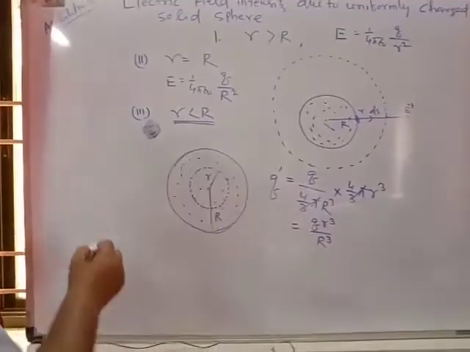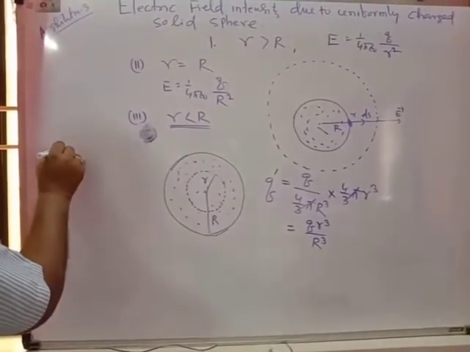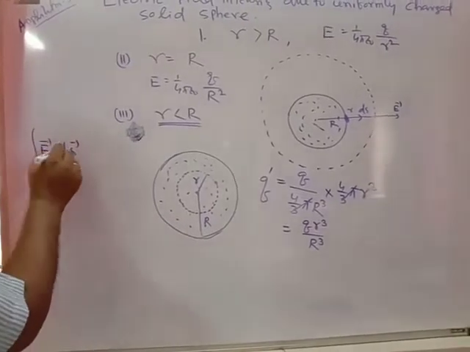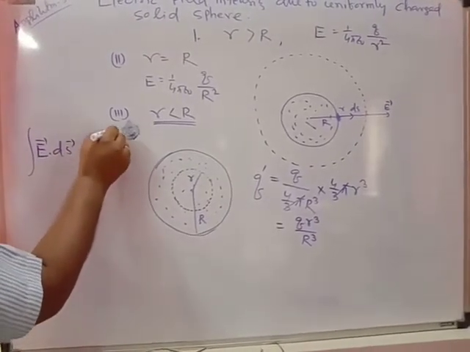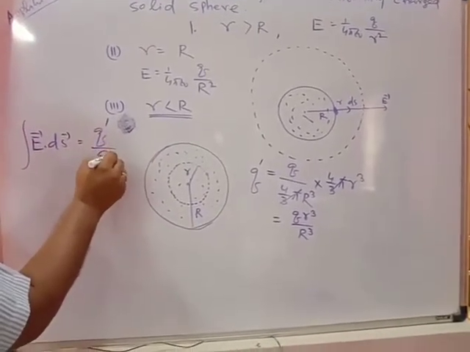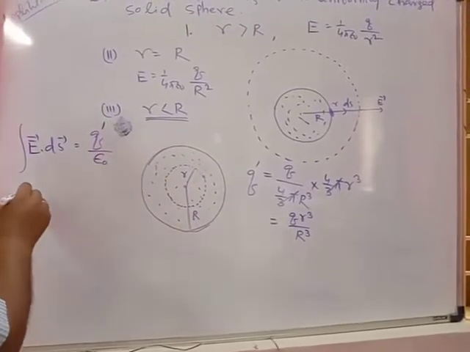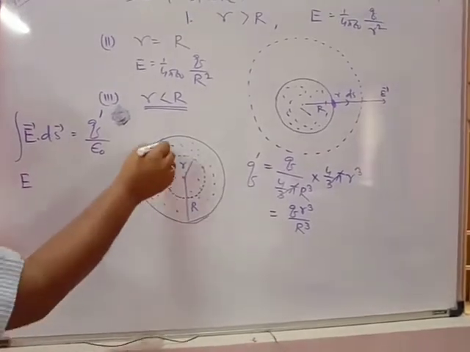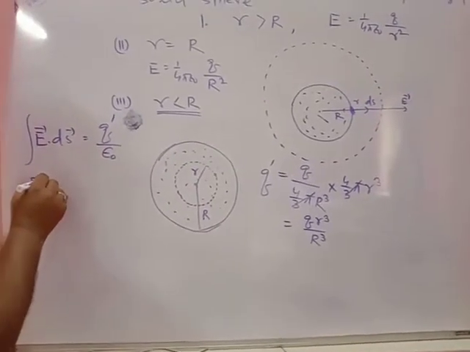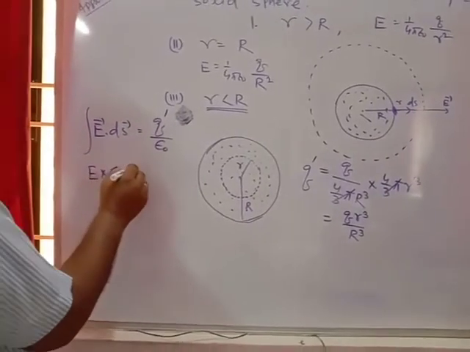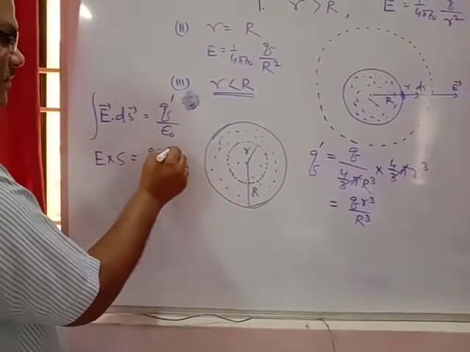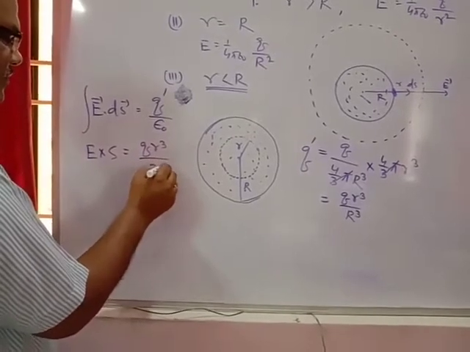Now apply Gauss law: the integration of E vector dot ds equals the total charge enclosed, Q dash, upon epsilon naught. E dot ds equals E into the Gaussian surface S. That is equal to Q dash, and Q dash equals Q r cube upon capital R cube.